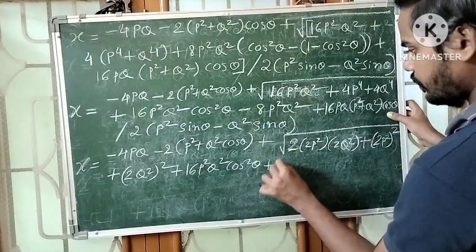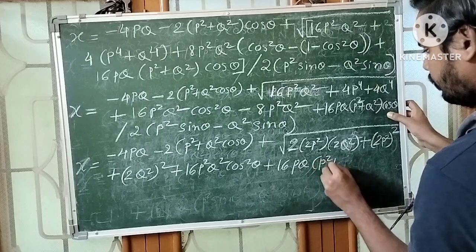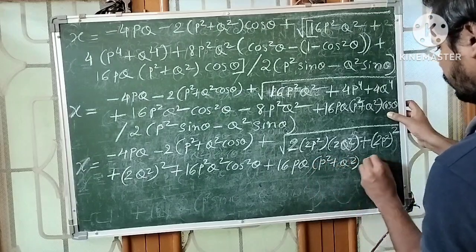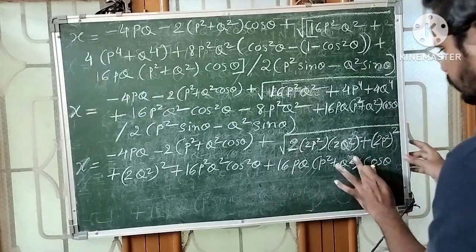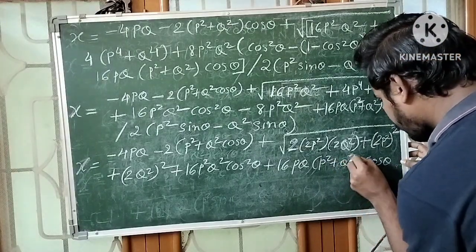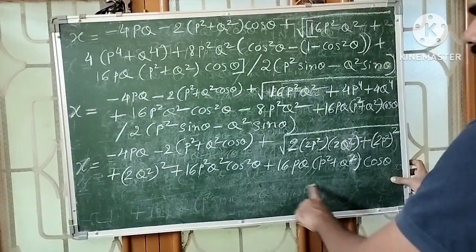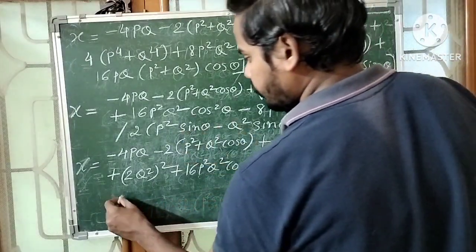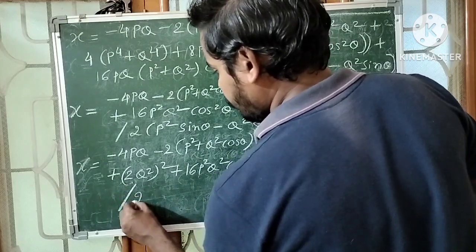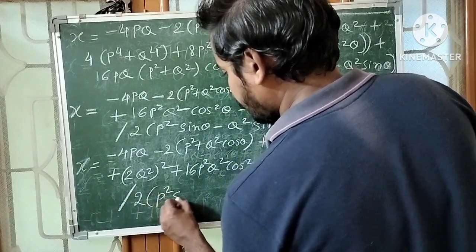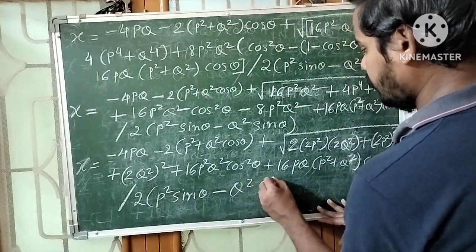And last one, 16 pq into p square plus q square cos theta, whole divided by the same terms, similar term, 2 into p square sin theta minus q square sin theta.